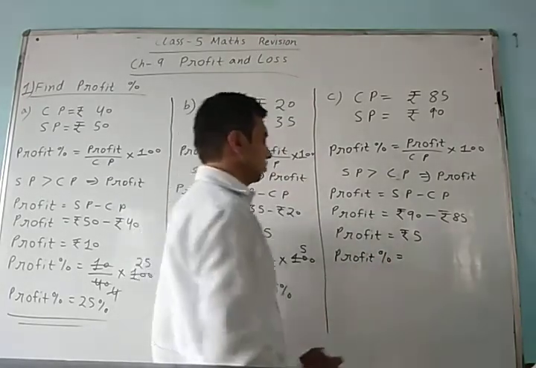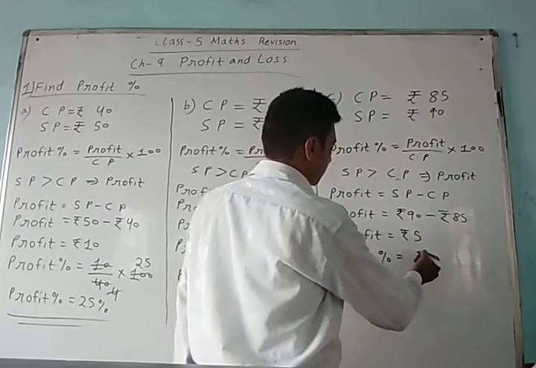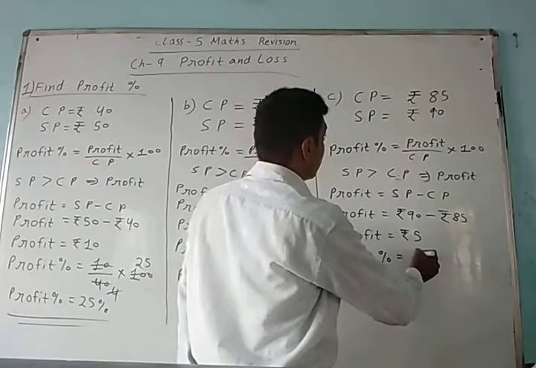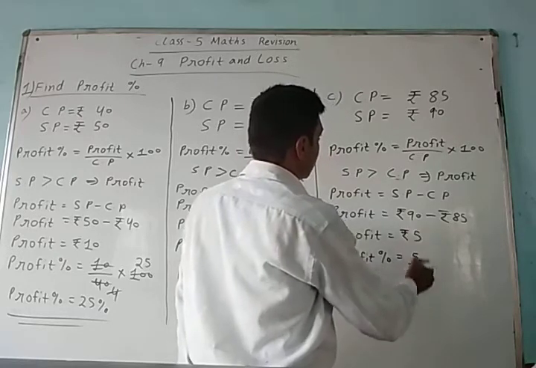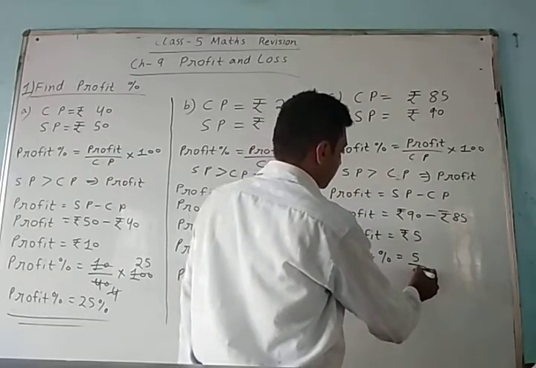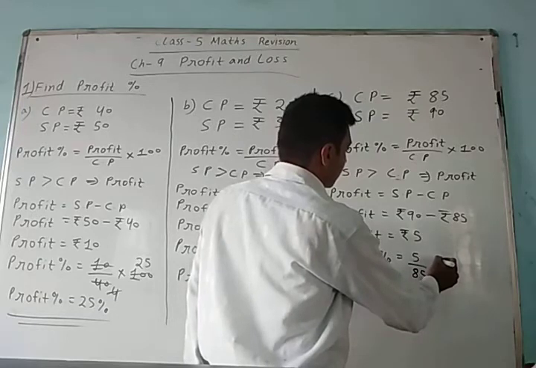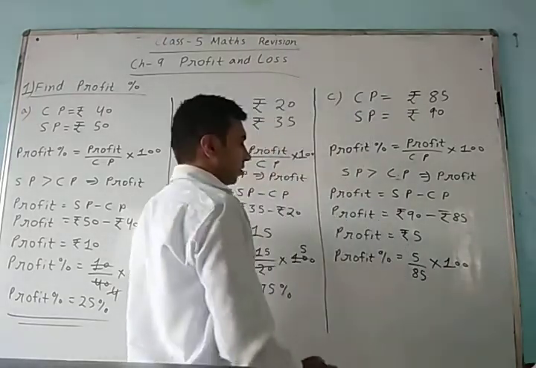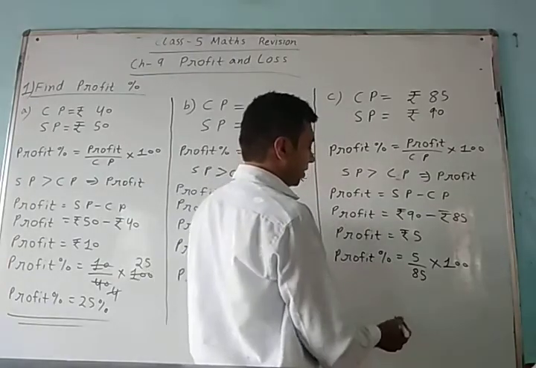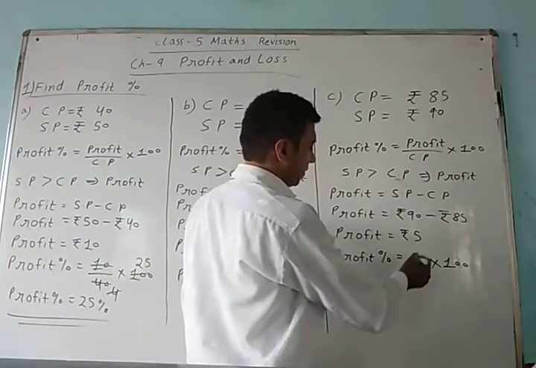Profit percent is equal to profit upon cost price into 100. Profit how much? 5 upon, now cost price 85 into 100. Now students see, we can reduce it. Yes, we can reduce it.